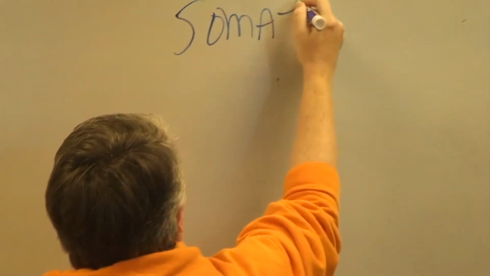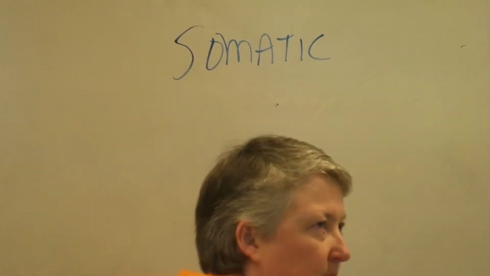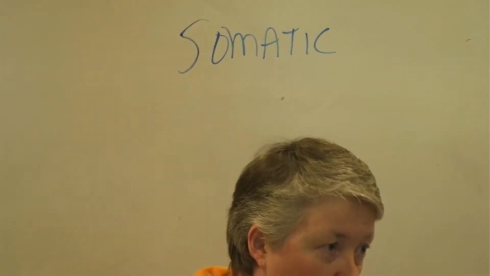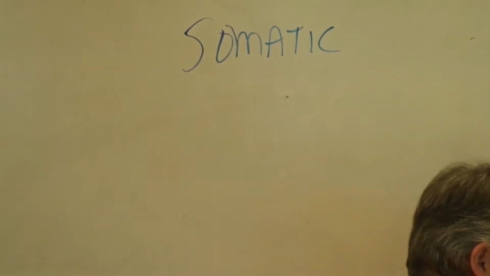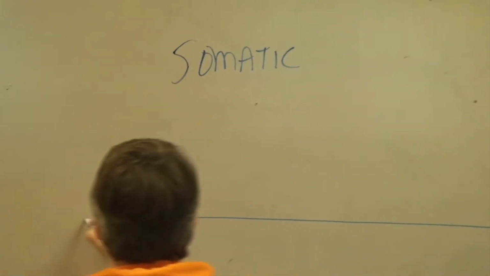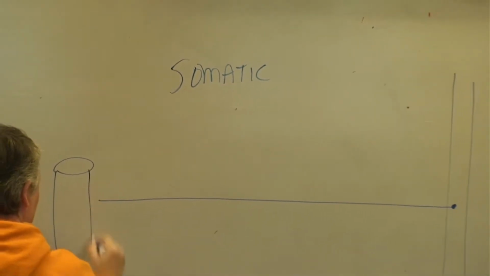Your somatic motor pathways, I guess is what you would call it. You've got one motor neuron that starts in here, right? It comes out of the spinal cord, and it synapses with a skeletal muscle cell.